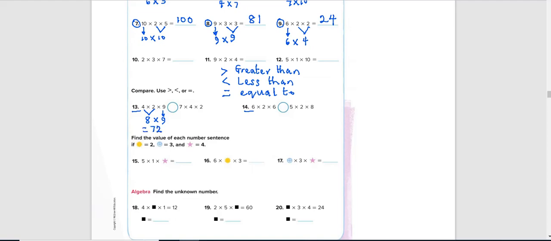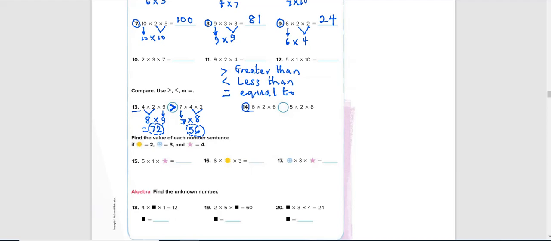The second one, 4 times 2 is still 8. I bring the 7 down, and 7 times 8 is 56. So check the two numbers. 72 is more than 56.